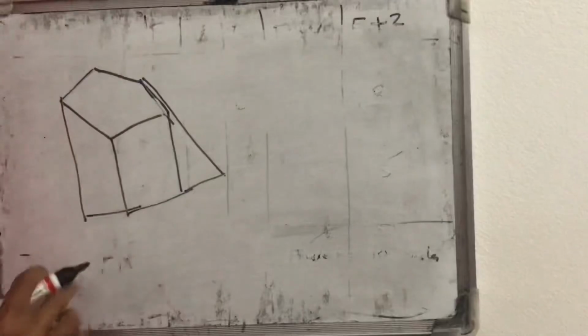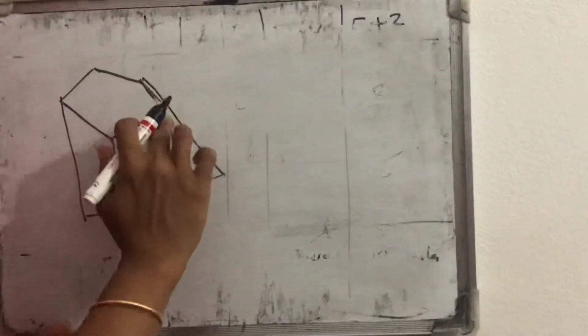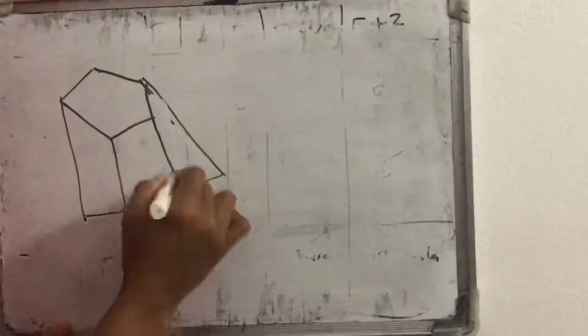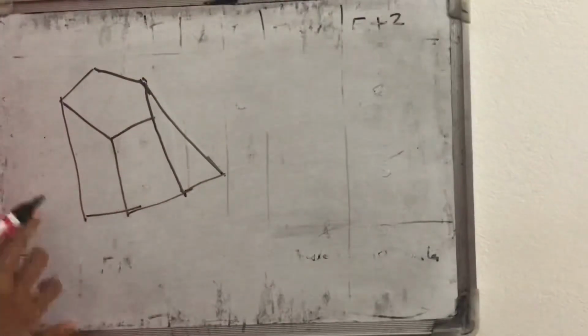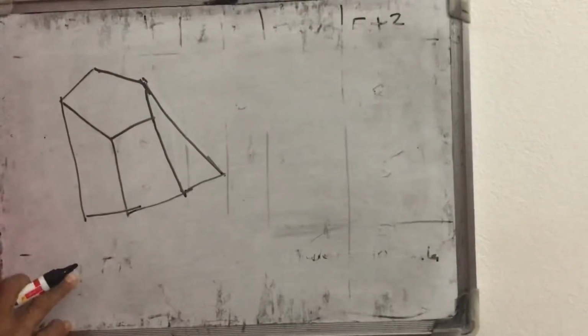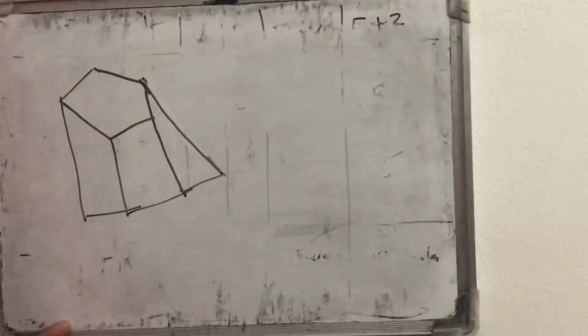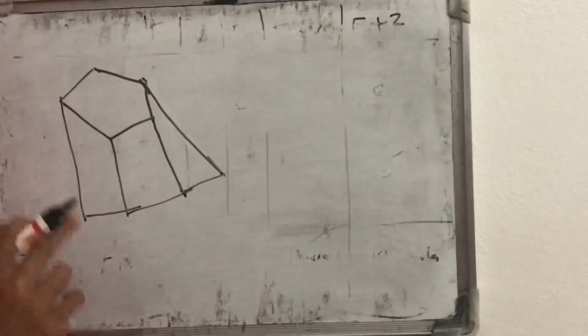Okay, and the other also there. This type of figure is there. Verify Euler's formula for these solids. So first you want to find out how many faces will be there.